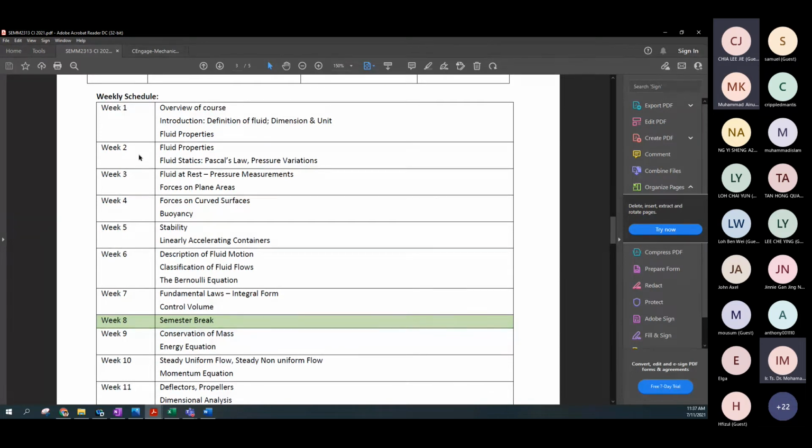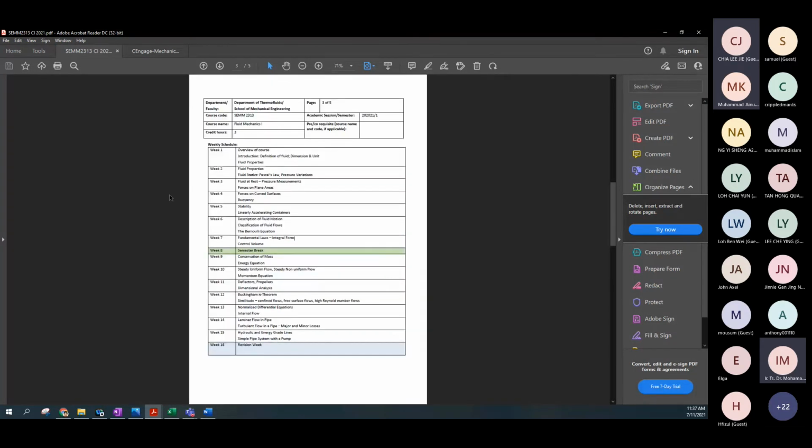Question 2, 5 marks. Question 3, 10 marks. Total 20 marks. Remember your coursework: Test 1 is 20 marks, Test 2 is 20 marks, your assignment is 10 marks, your programming assignment is 10 marks, and the final is 40 marks.